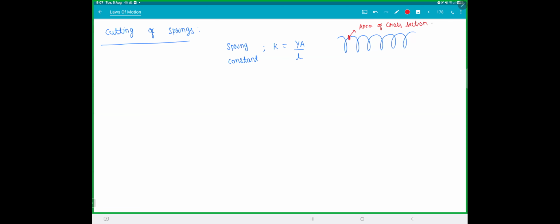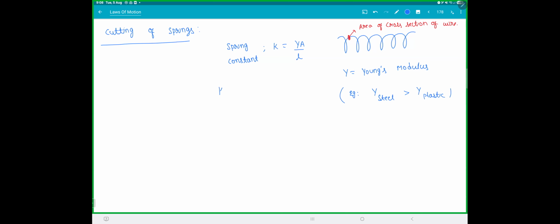So how strong the spring is will depend on the thickness of the wire. This Y is called Young's modulus. If you remember, there was a question like this in units and dimensions. Don't worry about Young's modulus. What it simply means is higher the Young's modulus, more stronger the spring. So Y tells you about the strength of the material. So Young's modulus of steel is greater than Young's modulus of plastic. So let's not worry about it for now. Just remember Y tells you about strength.